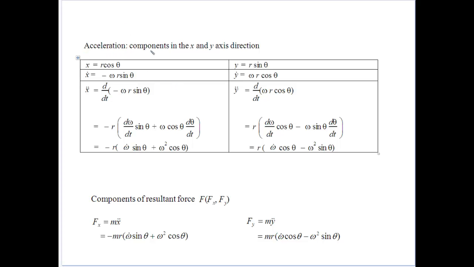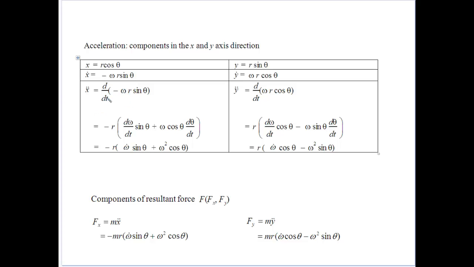So acceleration here. Again, we end up with our positions, and we've got our velocity in terms of x and y. So we do the same thing for our acceleration. We're going to differentiate with respect to t of this equation here, and when we do that, we're going to end up using the product rule, because we've got omega, which is d theta by dt. So we're going to have to differentiate that function there.